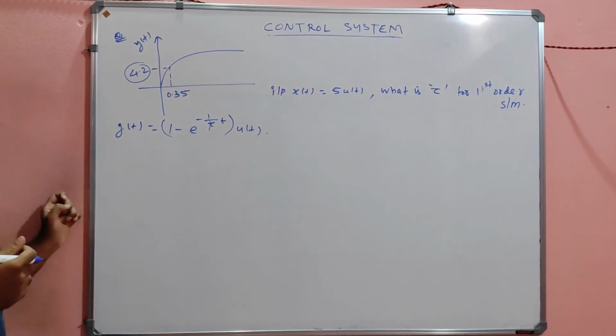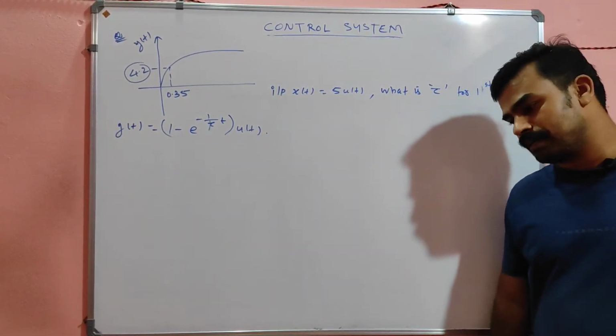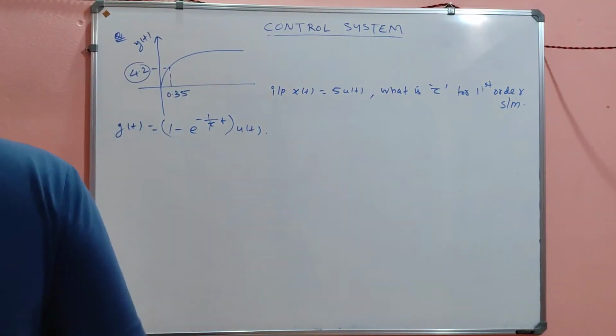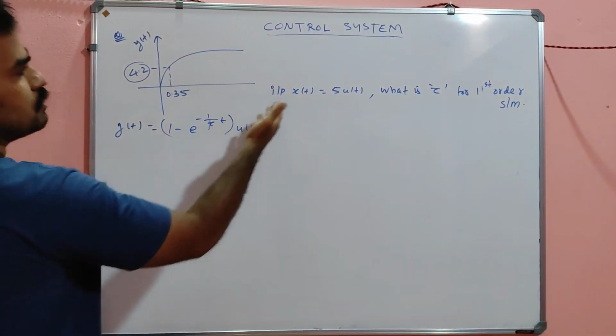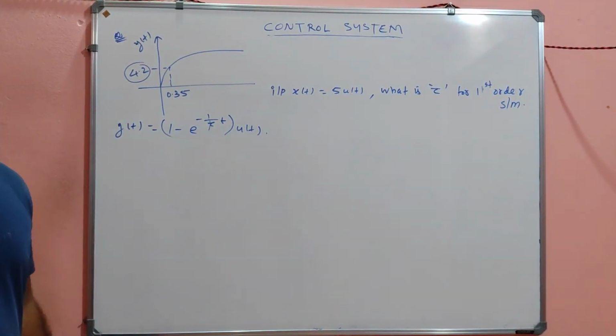This is the equation of the response of a first order system, correct? For step input, because it is already given x of t is equal to 5 into u of t, it is a type of step input but with magnitude 5.